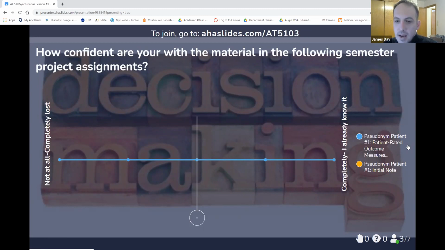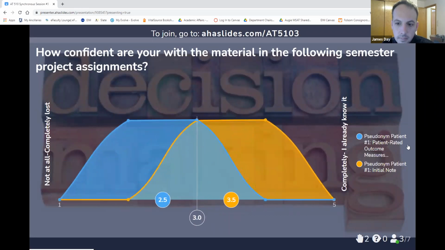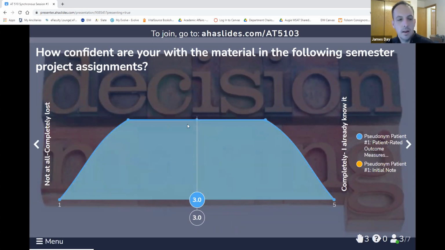So since we met last time, you turned in these two assignments. How comfortable, confident are you in what you did? So looks like a decent range, but at that same note, compared to some of these things and these being relatively new, I'm fairly happy with being in the middle here.